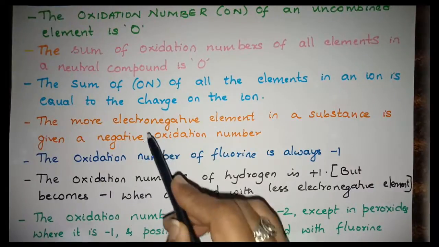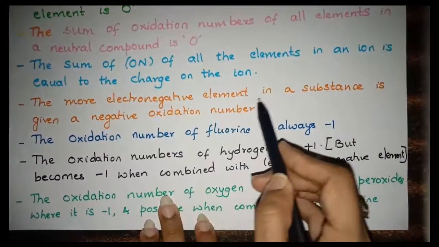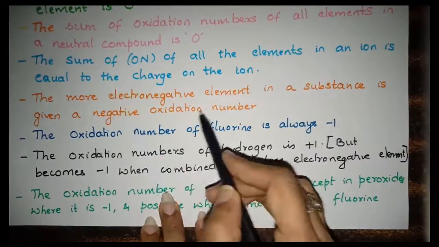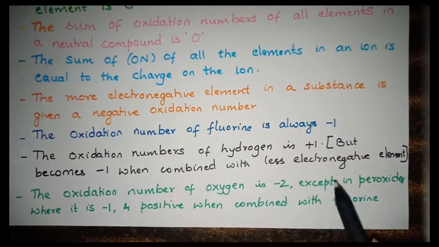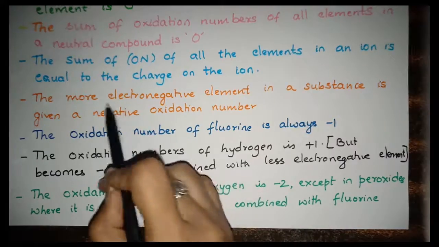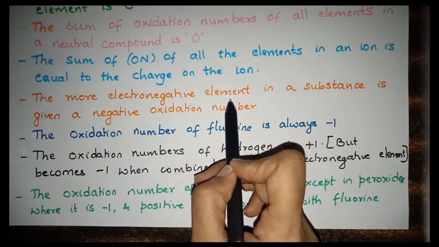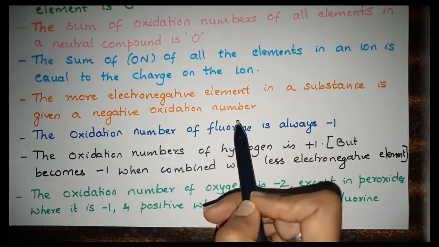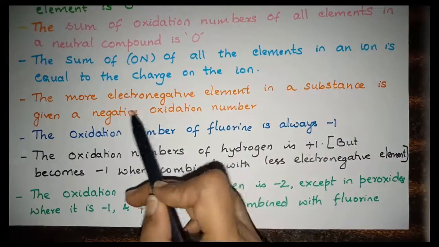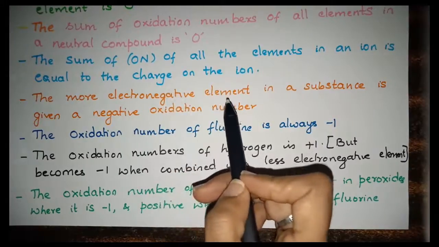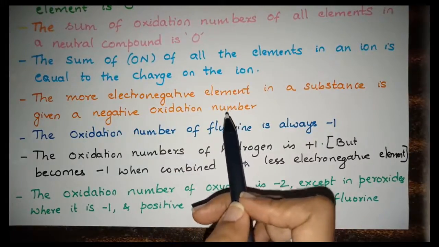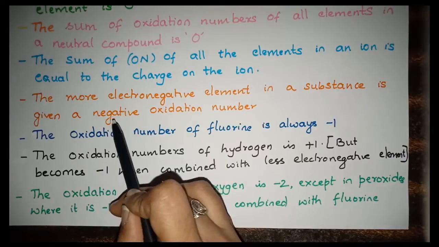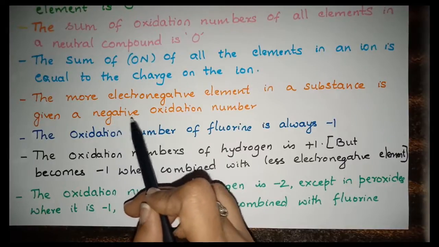Then we have the fourth one, which is the more electronegative element in a substance is always given a negative oxidation number. So in a compound, first we try to find out which is the most electronegative element, and the most electronegative element is always given a negative oxidation number, because electronegative means it is pulling the electron more towards it, and therefore obviously it will have a negative charge or say negative pull.